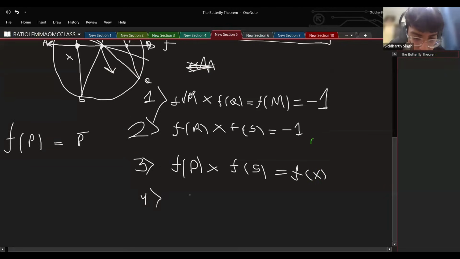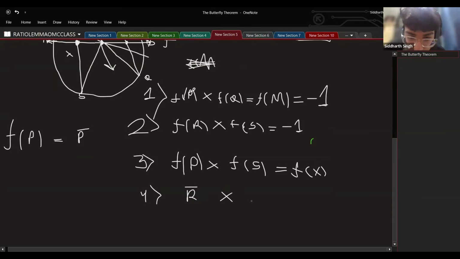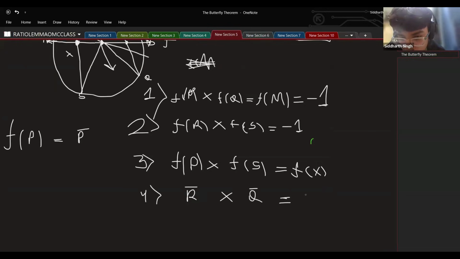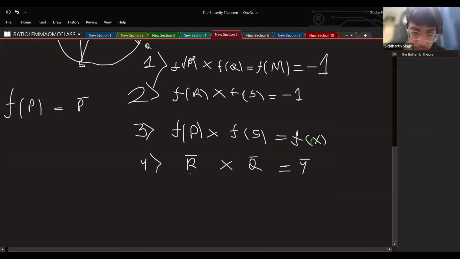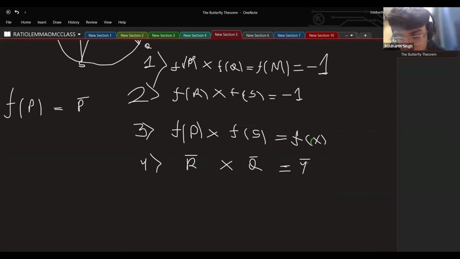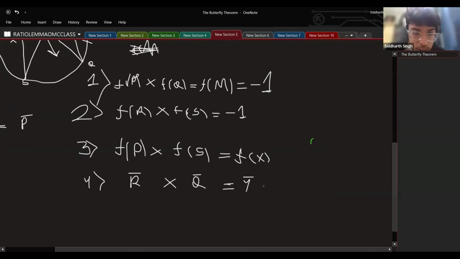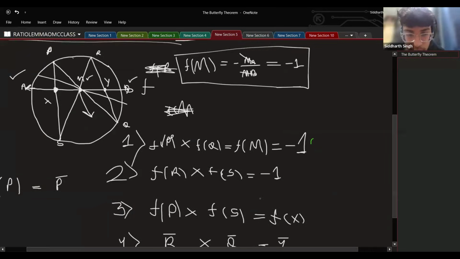So we have r bar into q bar is equal to y bar. Interesting. So r bar times q bar is equal to y bar. This means that f of r times f of q is equal to f of y. Okay. So now we have found everything we could.